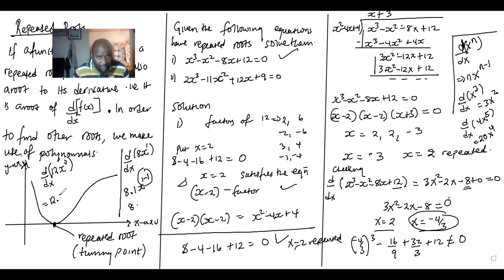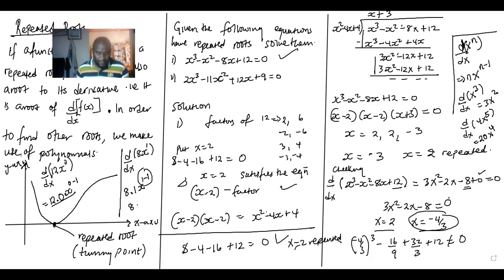The 0 comes forward times 0. The x reduces the power by 0 minus 1. But because there is a 0 multiplying everything, everything becomes a 0. That is why people cram and say, when you differentiate a constant which has no x, you always get a 0. We shall see more of this in differentiation. So that's how the 0 came about, and that's how the 8 came about. I hope I've made it a little bit more clear.